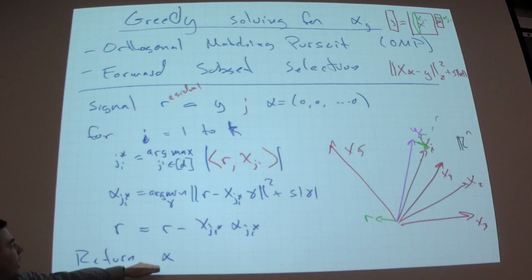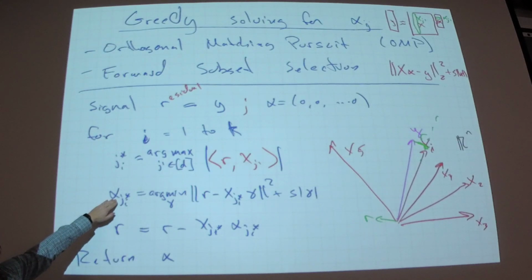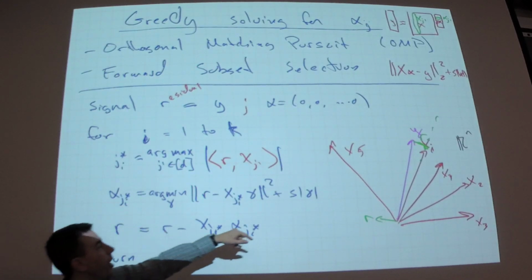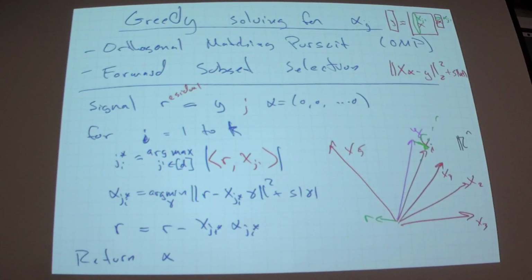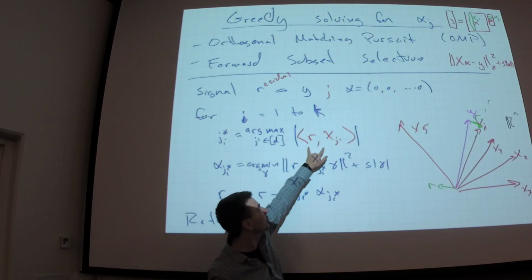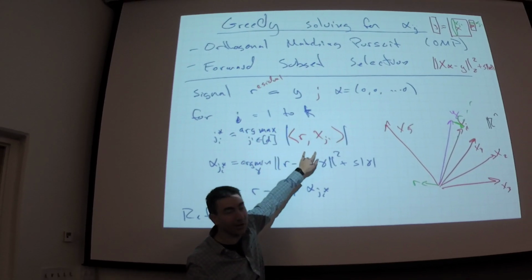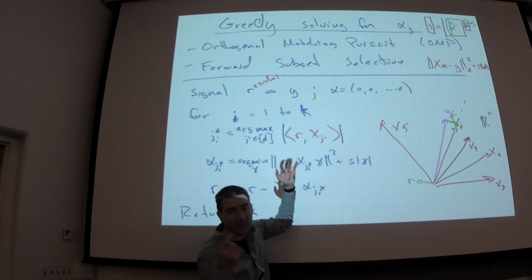Every time I do this, I've set one coordinate of alpha, and I've explained part of this residual vector, and it should keep getting smaller. So this is the algorithm. It's a pretty simple greedy algorithm. There's a little vector algebra you have to do. You check over all values of j, take their dot product with r, and take the absolute value.